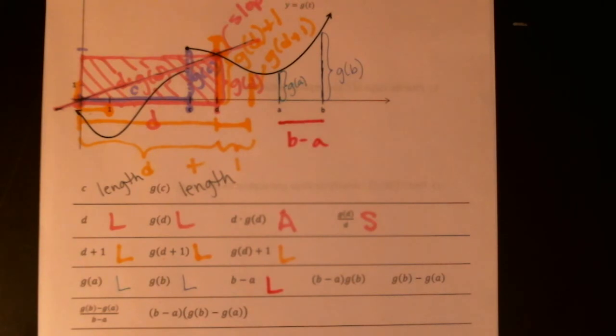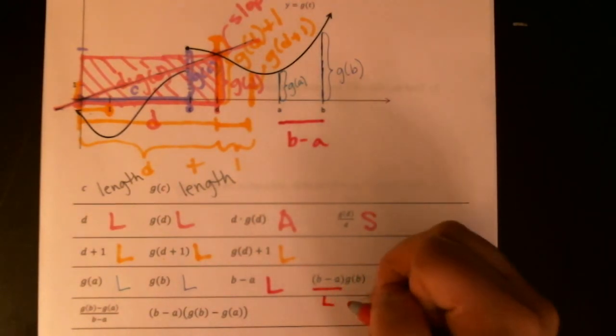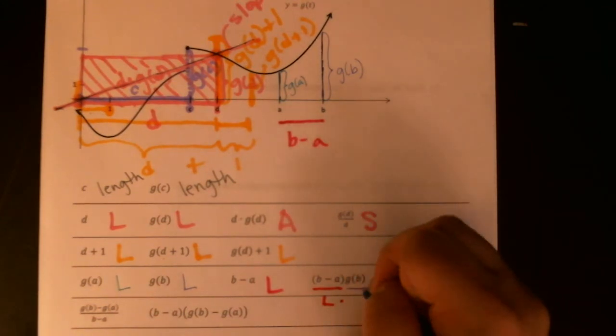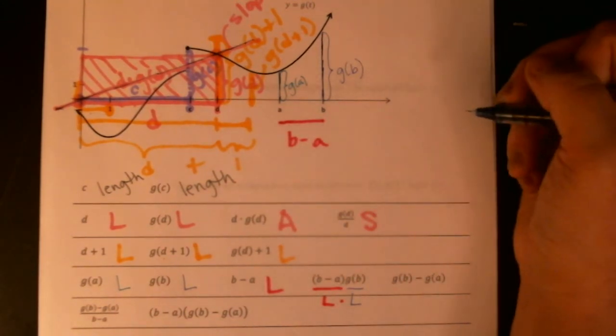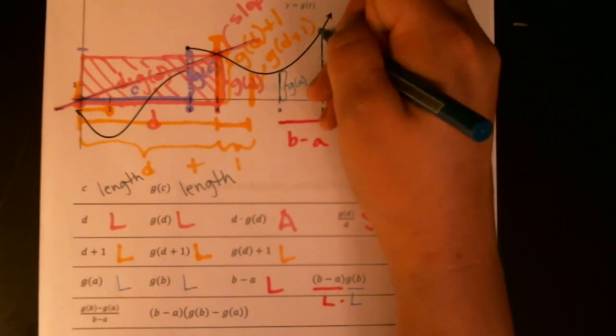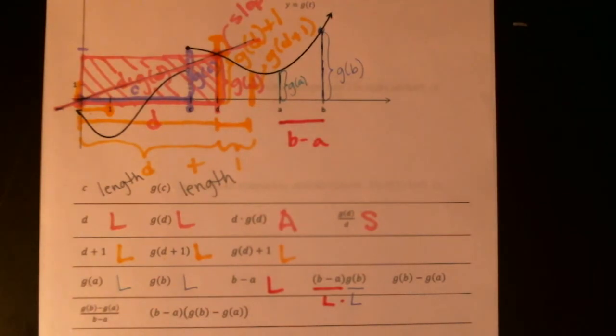And now we're supposed to look at putting some of them together. So for example, if you take the length B minus A and you multiply it by the length G of B, so that's this length multiplied by this length, what you're going to get is an area. When you multiply 2 lengths together, you get an area.